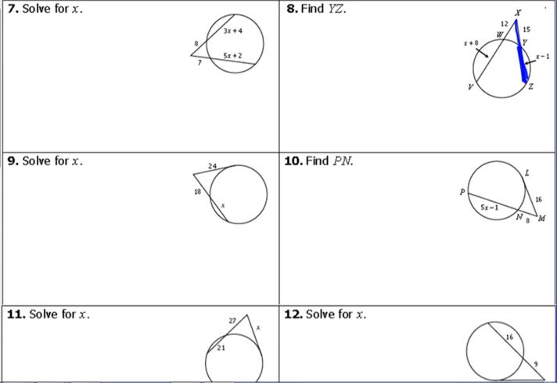So little piece times the whole piece. So 15 times 15 plus x minus 1 is equal to little piece 12 times whole piece 12 plus x plus 8.